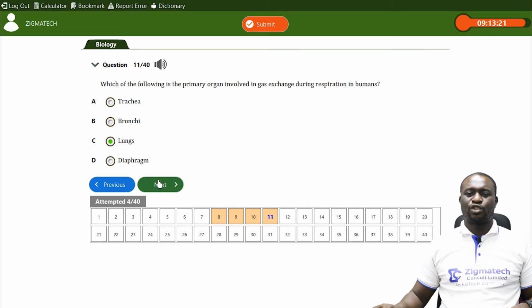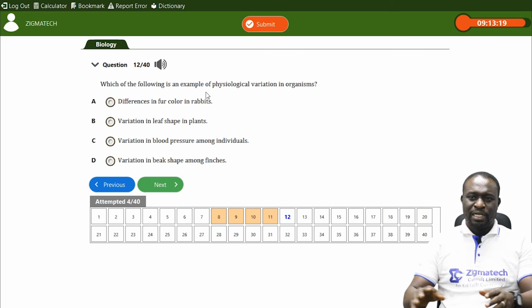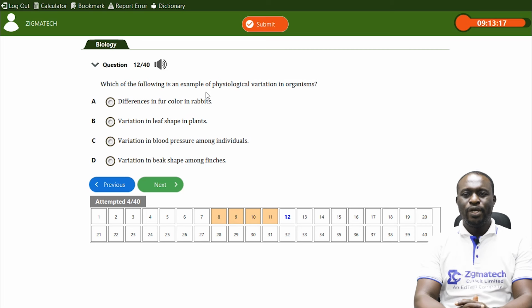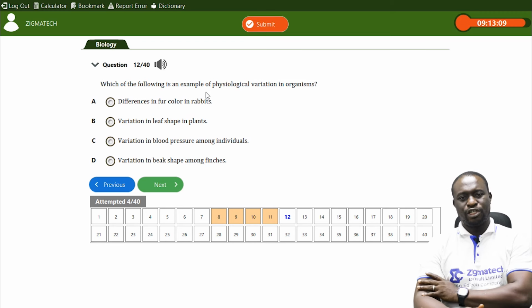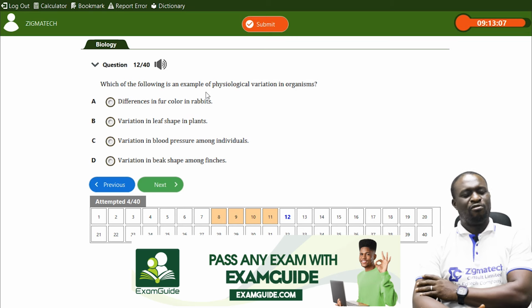Next question is question 12. Now, question 12 says, which of the following is an example of physiological variation in organisms? Physiological variation. Now, please take note.